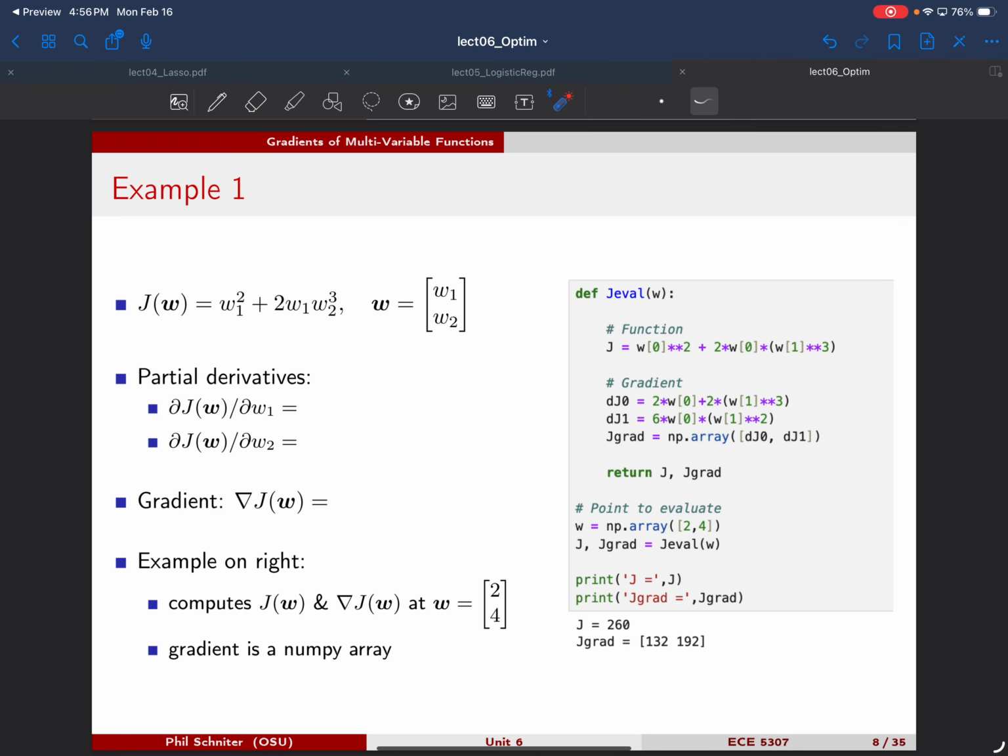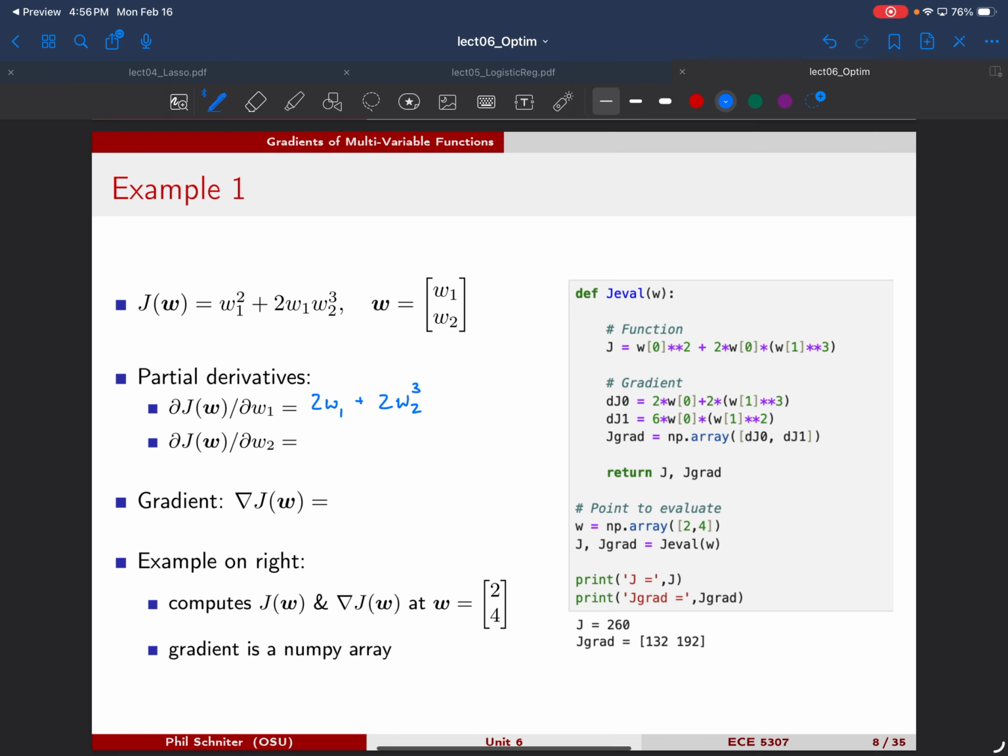We just take the derivative with respect to w1, so it would be 2w1 plus 2w2 cubed, right? Yeah, we get rid of the w1. Make sure to review your basic calculus, because this shows up a lot in different problems, test problems and homework. Okay, that's what we got for the first one.